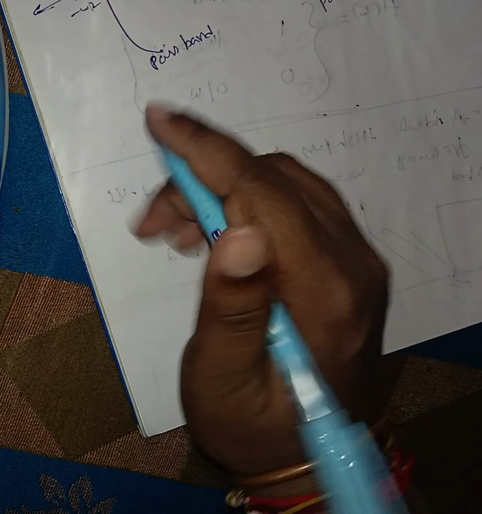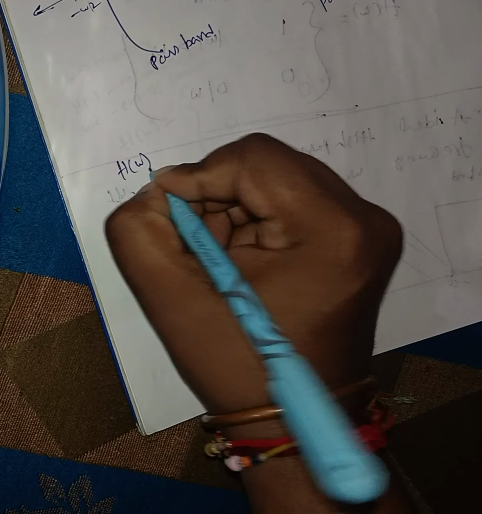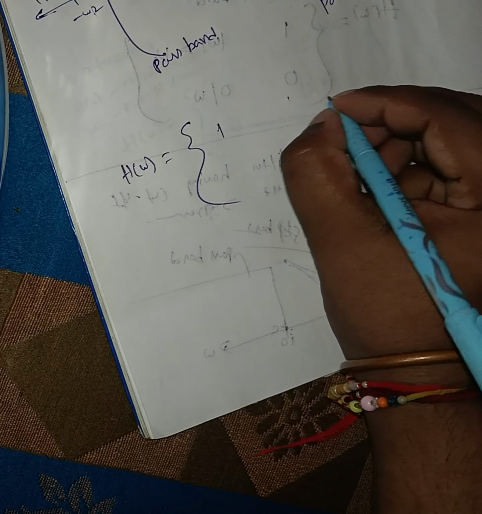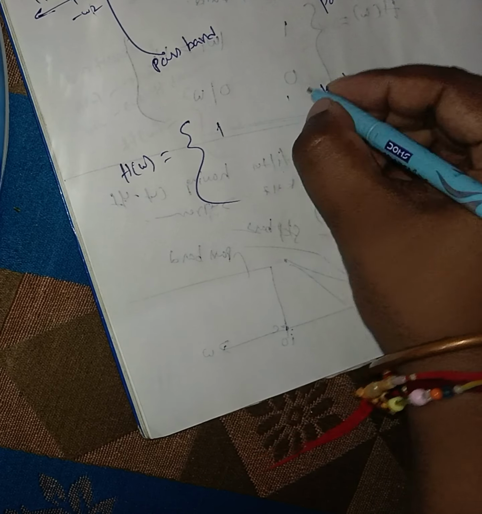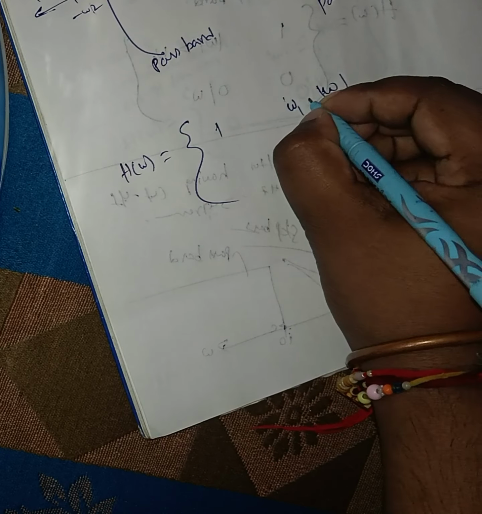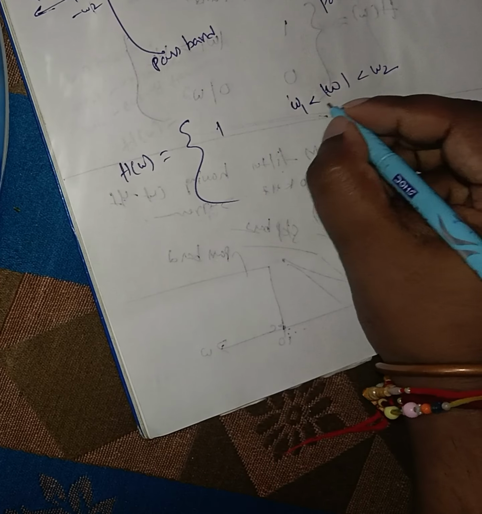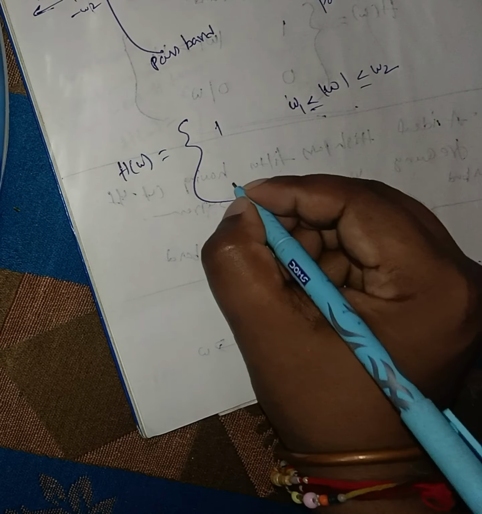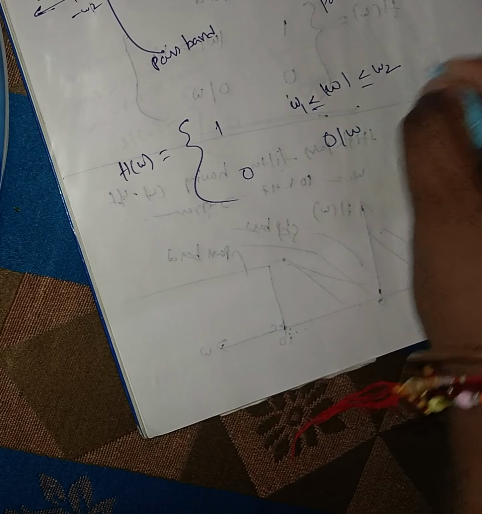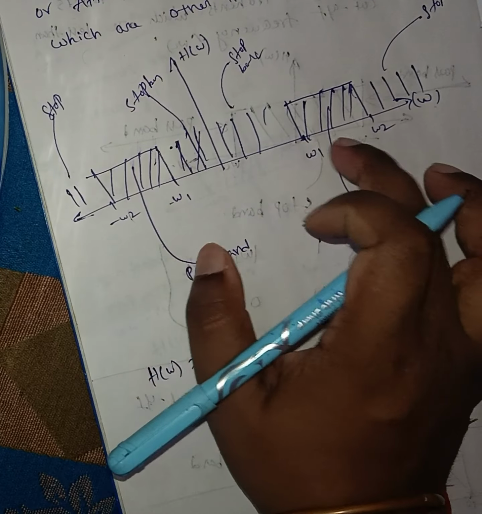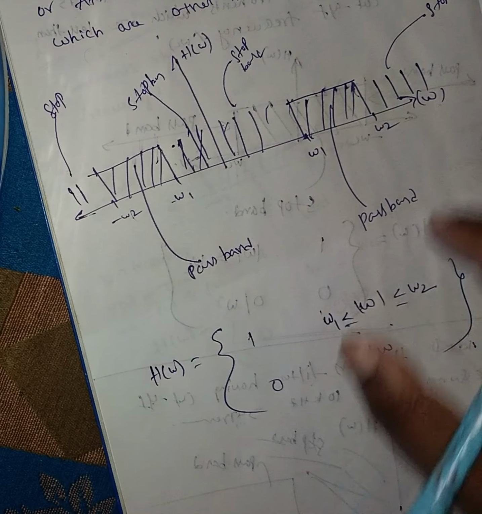So how does the characteristic equation look? It is 1 when our omega is in between omega 1 and omega 2, and 0 otherwise. Okay, this will be the equation. In between the range it will allow, other than that it will suppress.